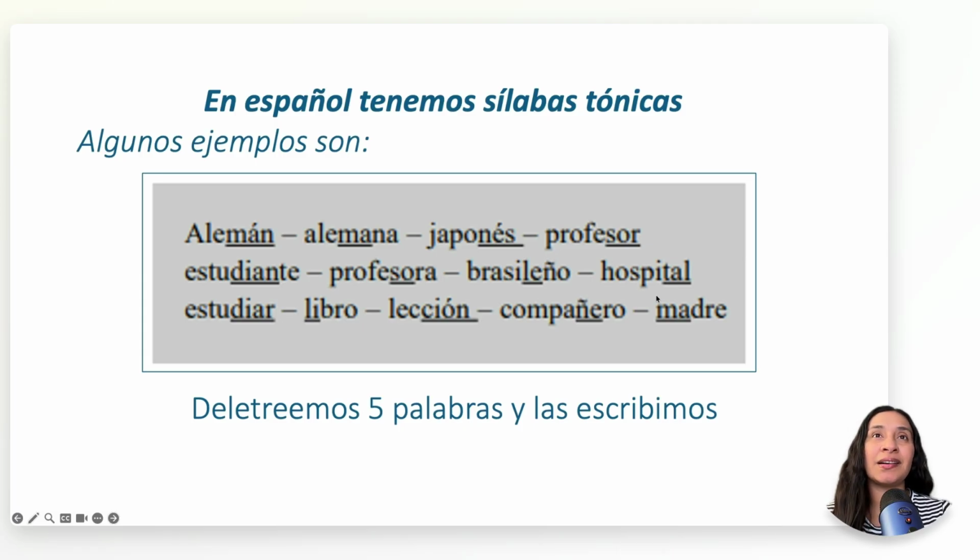And the word, la palabra, number 5, the last word, is, let's do this one, B, R, A, S, I, L, E, N, O. I'm gonna repeat that one more time.